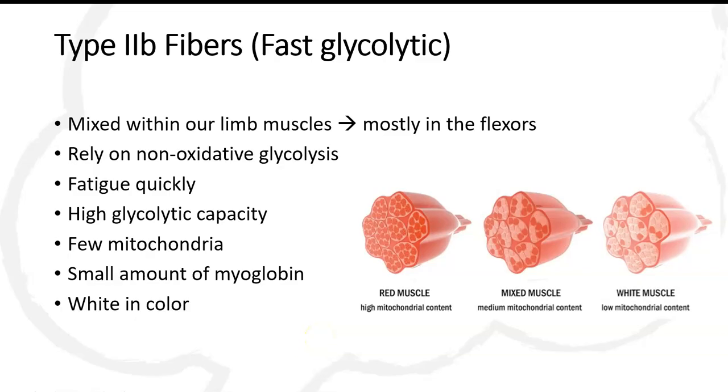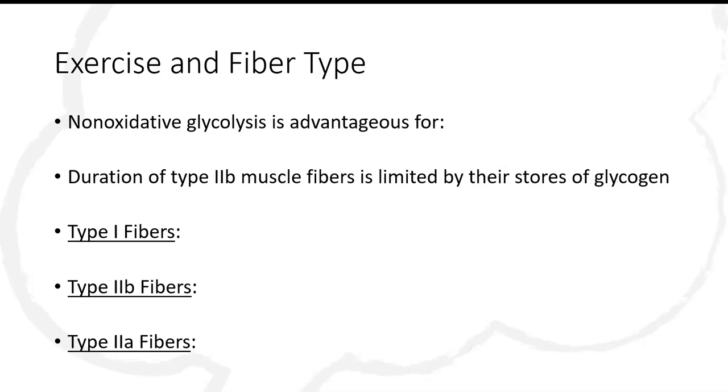So you're going to see high amounts of the anaerobic glycolytic pathway enzymes being present within these muscle fibers. Very few mitochondria are within these muscle fiber cells. Why? Because mitochondria is where aerobic metabolism takes place, and these muscle fibers really only engage in anaerobic metabolism. Small amounts of myoglobin make sense for the same reason I just explained, and they're much whiter in color, larger in diameter, and large alpha motor neurons associated with them.